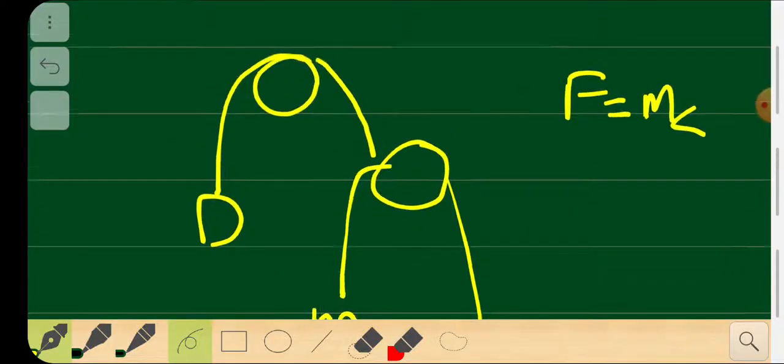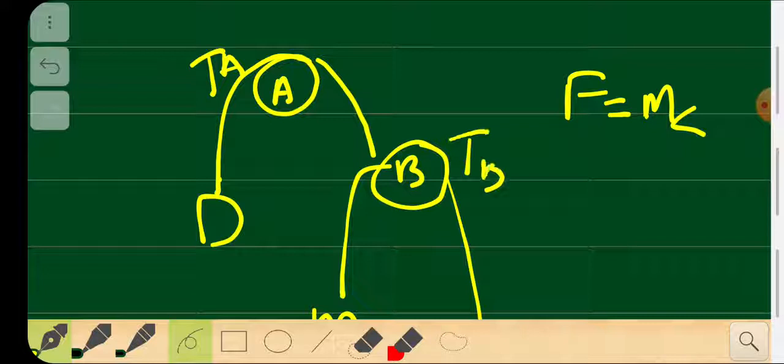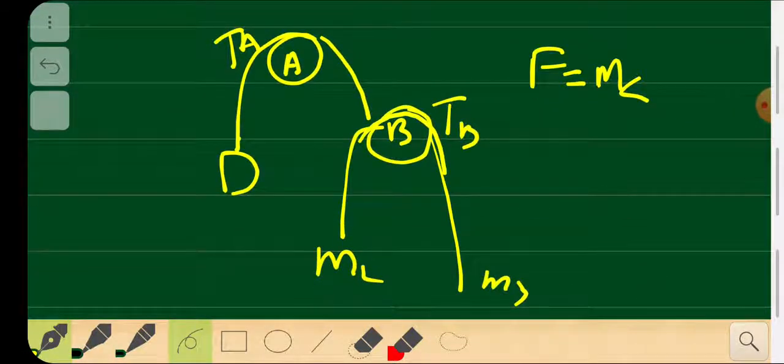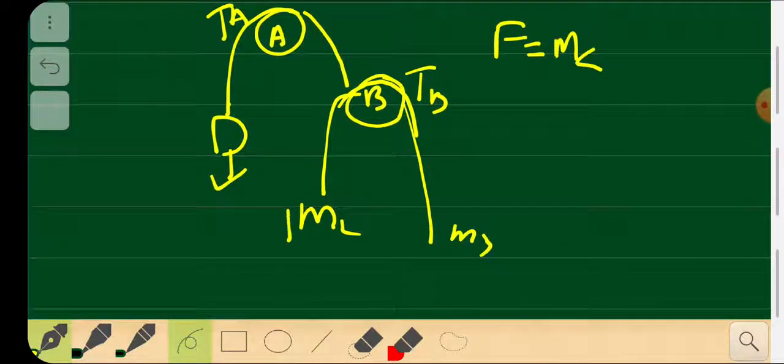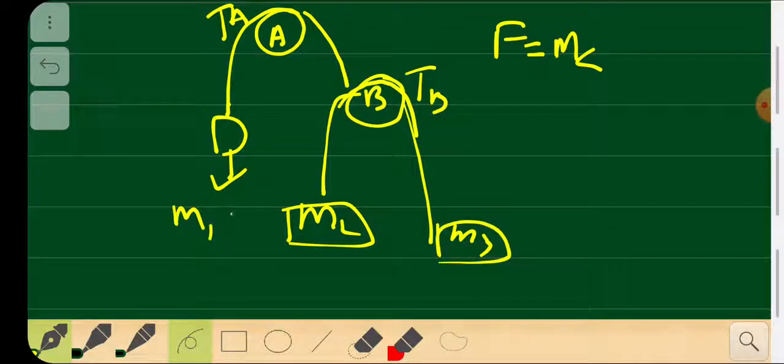String A has tension TA and B has tension TB. It's a connected string. And the masses will be acted upon by the gravitational force, so you get m1g, m2g and m3g. Three masses, three forces.